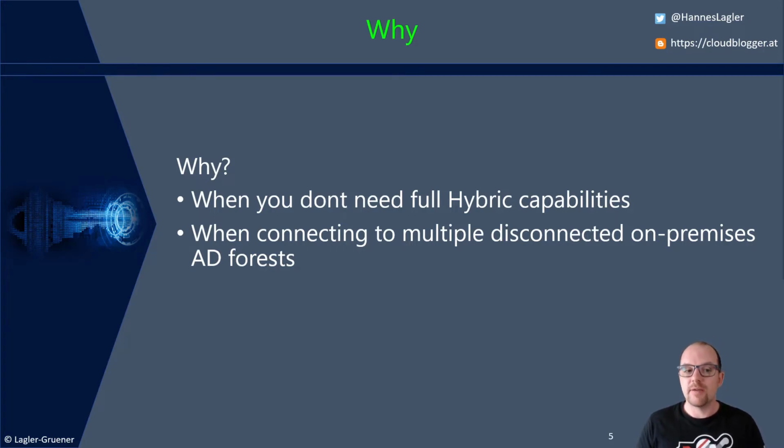Another option is when you want to connect multiple disconnected on-premise Active Directory forests. Keep in mind, this is a really important part. If you're using Azure Active Directory Connect, it's a little bit different from Cloud Sync, because you can synchronize multiple on-premise AD forests, but you have to enable a network connection between those AD forests.